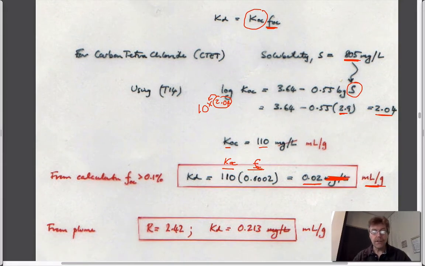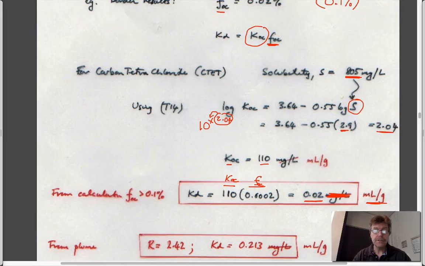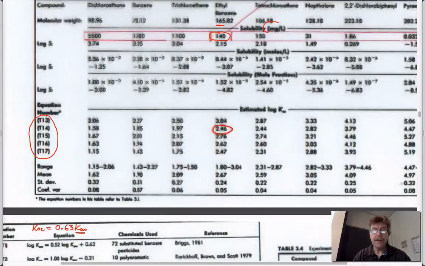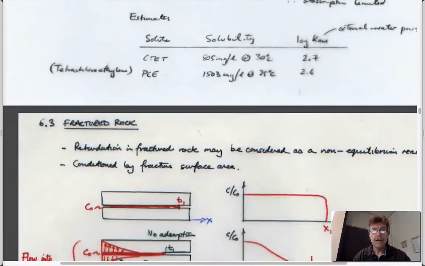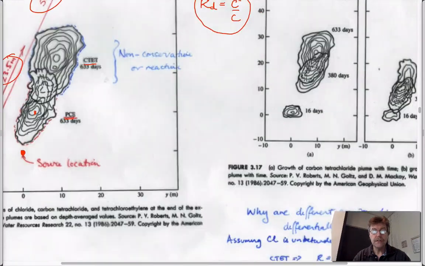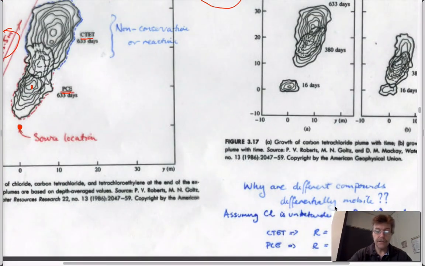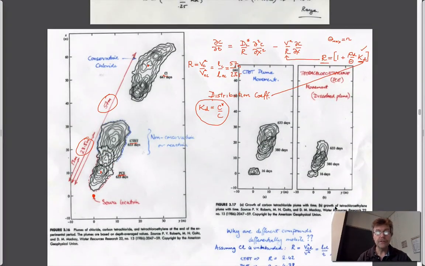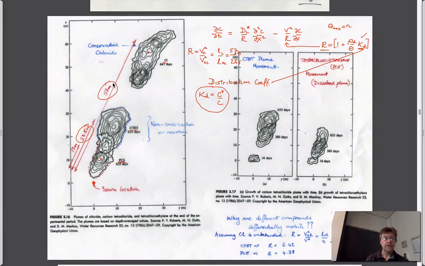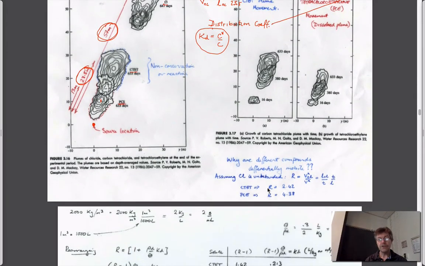We didn't dwell on this. Actually, we did the calculation, but we didn't spend much time on it. If you remember, we took these two different lengths that the plume had traveled, unretarded, and for carbon tet it was 23.5. Looking at the ratio of those for carbon tetrachloride, the retardation was 2.4 times slower than the unretarded plume.